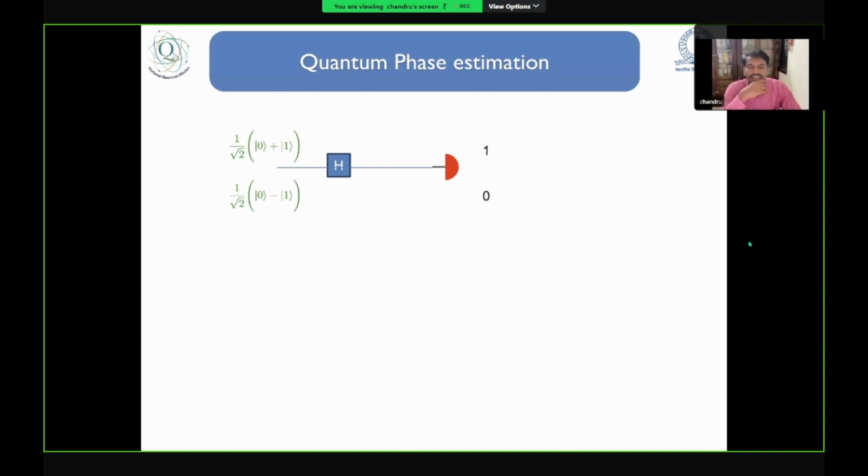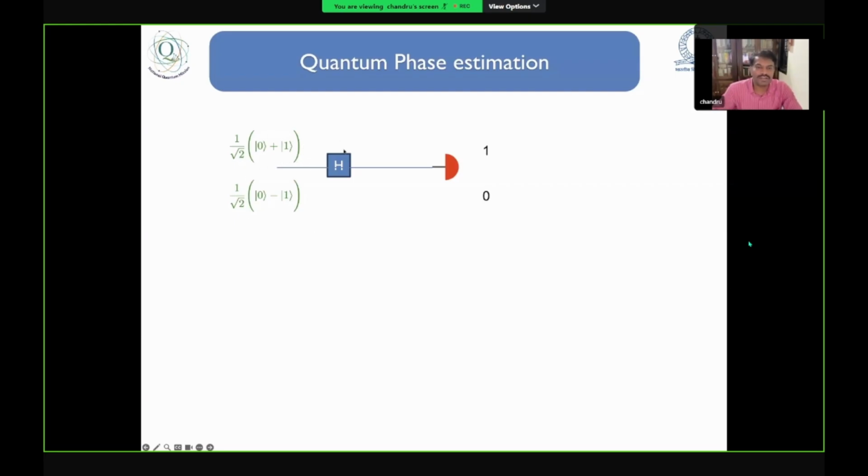Now there is another simple example, which is phase estimation. I'm not going into the detail of phase estimation, but at a single qubit level, we can simply see what we mean by phase estimation. I take a superposition state, and there are two possible ways of generating a superposition state.